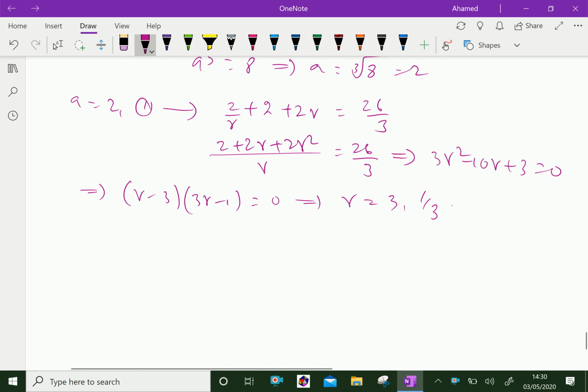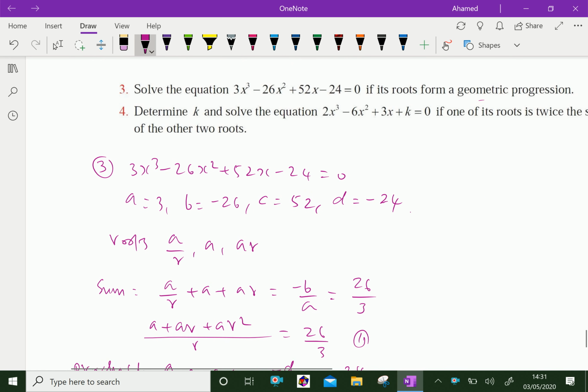Therefore, the roots are a by r, a, ar, which gives the roots: r is 3 means 2 by 3, 2 and 6. Even if you substitute r equal to 1 by 3, we get the same values of roots. First question done.